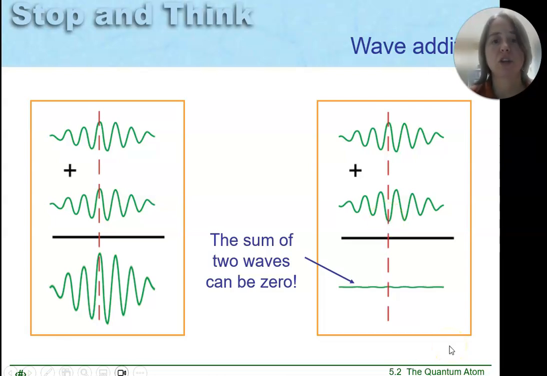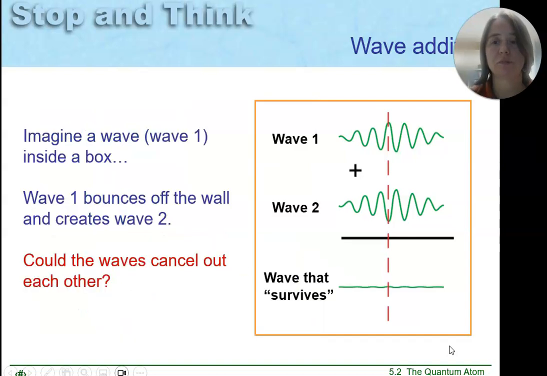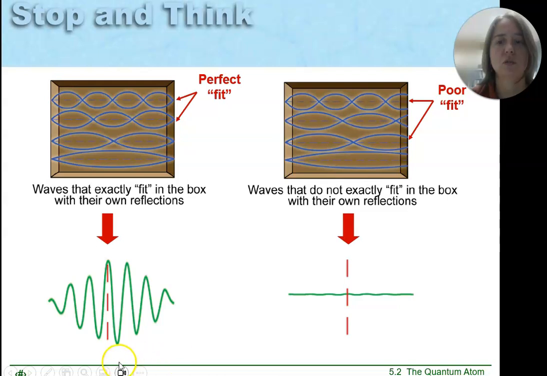So two waves could equal 0. Okay, so imagine a wave in a box, and that's wave 1. And then that wave bounces off the wall and comes back, and we're going to call it wave 2. If those two waves are set up so that the crest and the trough cancel each other out, we have no waves. Well, what does that have to do with electrons?